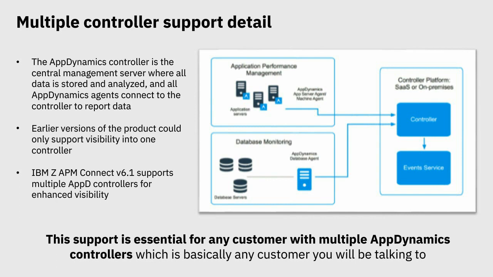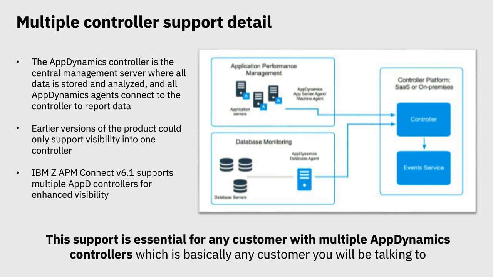And we made this product able to support a number of different AppDynamics controllers. So for our larger customers that are needing to use multiple AppDynamics controllers, you can rest assured that we will be able to support a number of controllers in Z APM Connect. So your data is all there, very consistent and clear.